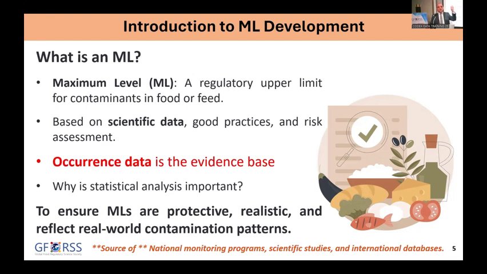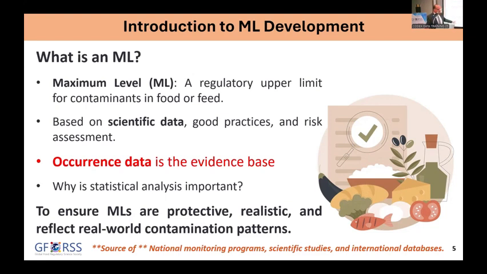How can we make the maximum limits protective to consumers, realistic, and this is very important because we may underestimate or overestimate the contamination, as well as reflect the real-world contamination. And here, Dr. Amin explained deeply, when we talk about data, we need as much as we can real-world data, reflecting what is really coming into our plate.